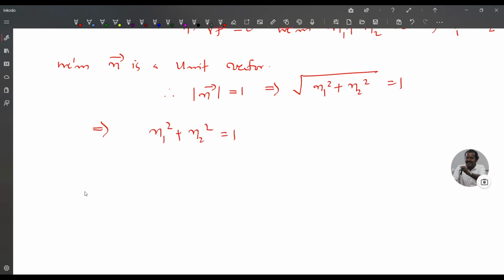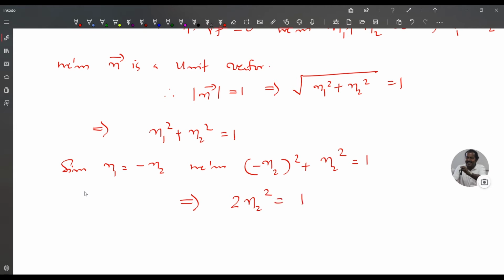Since n1 equal to minus n2, we have minus n2 square plus n2 square equal to 1. So this implies 2 n2 square equal to 1. So this implies n2 square equal to 1 by 2. So this implies n2 is equal to plus or minus 1 by square root of 2.